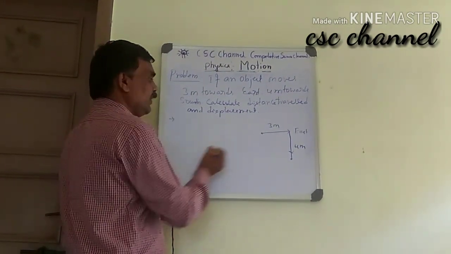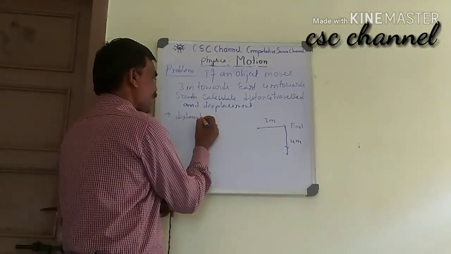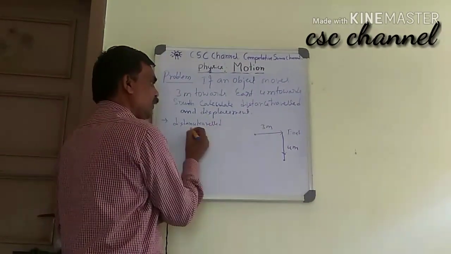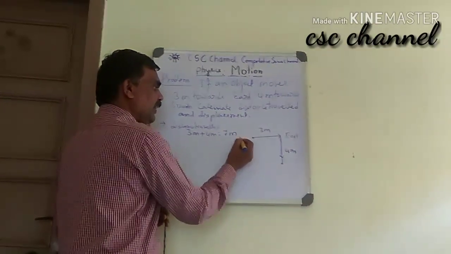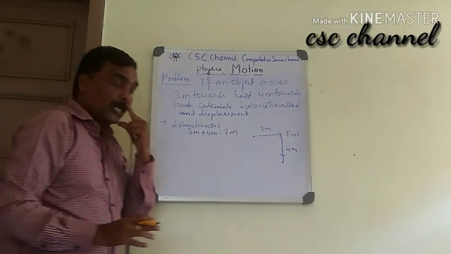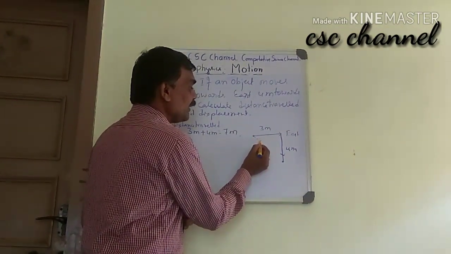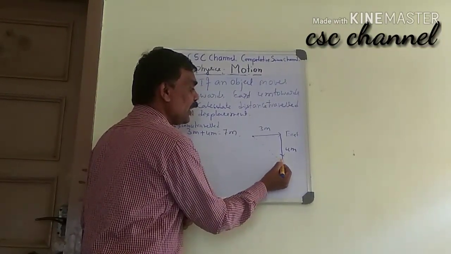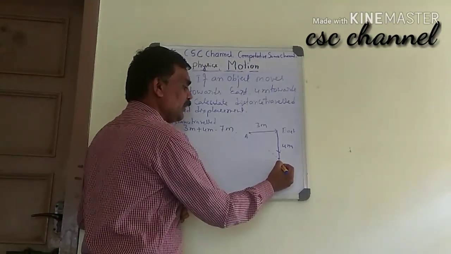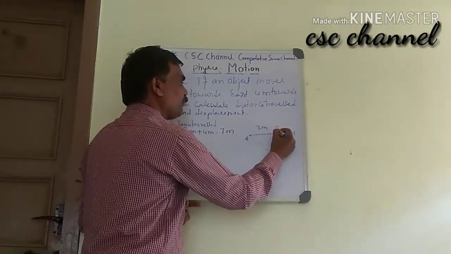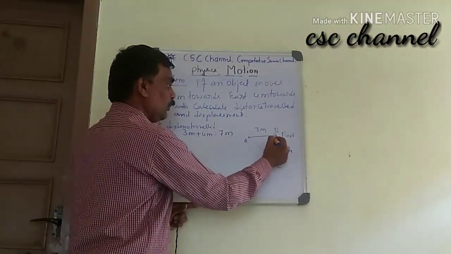Distance traveled is the total distance traveled. So, it's easy. Distance traveled is 3 meter plus 4 meter equal to 7 meter. But coming to the displacement, the least difference between initial position and final position. For example, this is the position A, this is C, and this is B. It seems to be a right angle triangle.